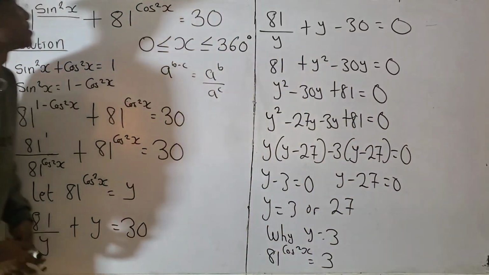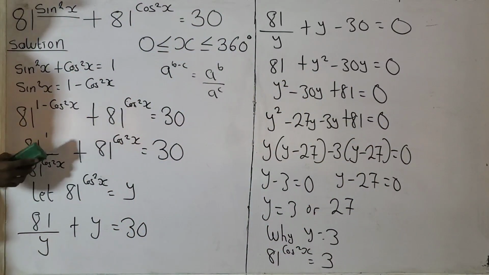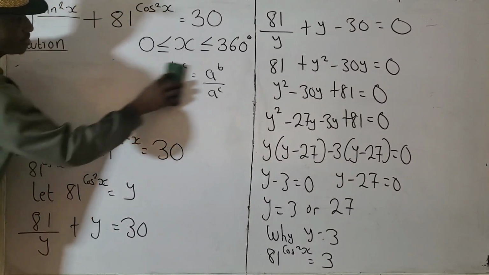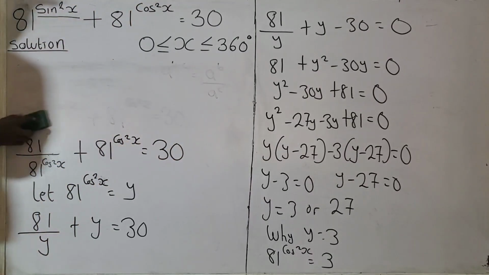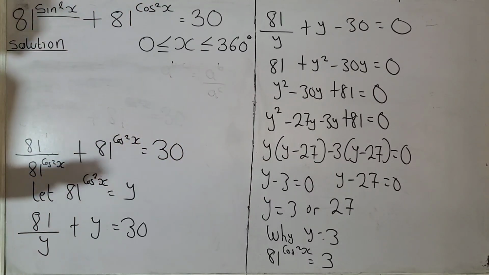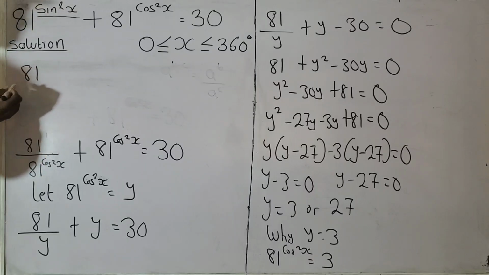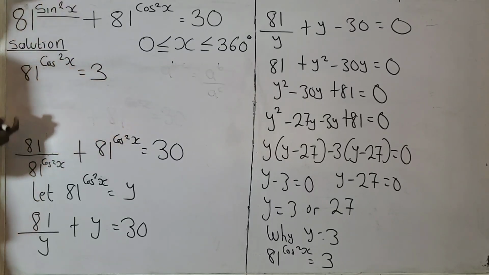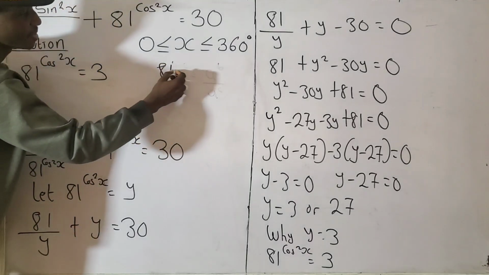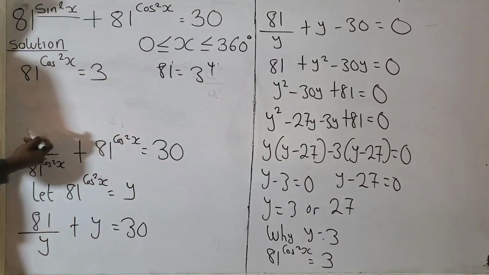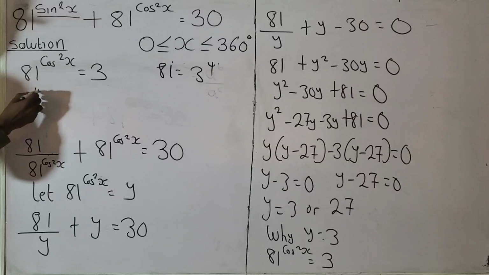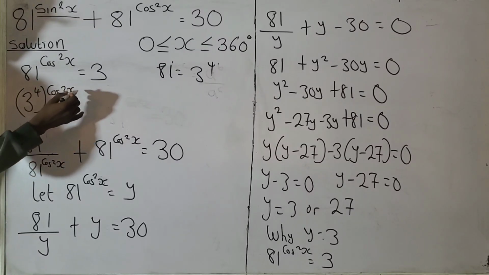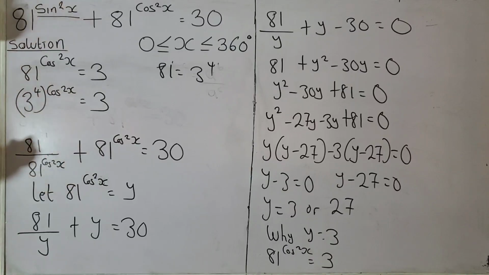Okay, so let me rub this off. So I'm going to have 81 raised to the power of cos²x equals 3. Recall that 81 can be written as 3 raised to the power of 4, right? So I'm going to have 3 raised to the power of 4 multiplied by cos²x equals 3.